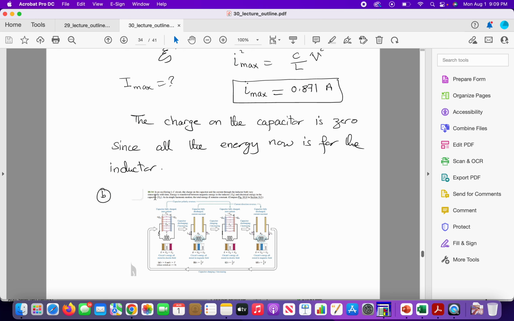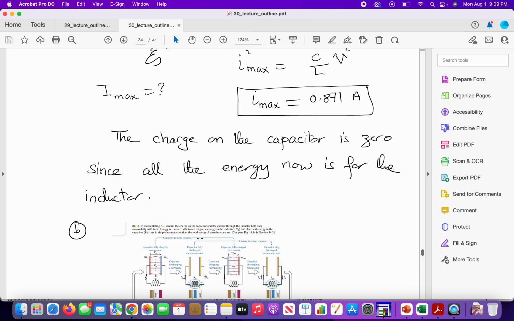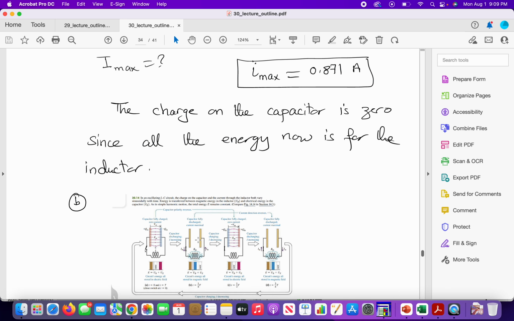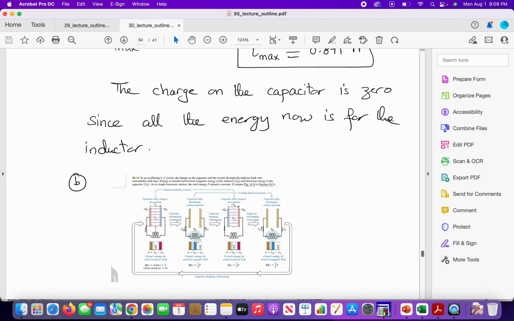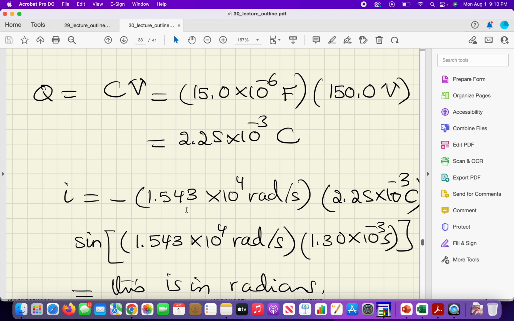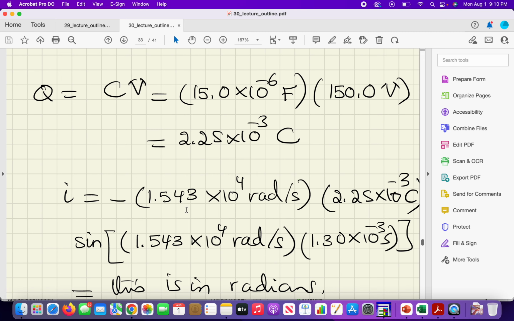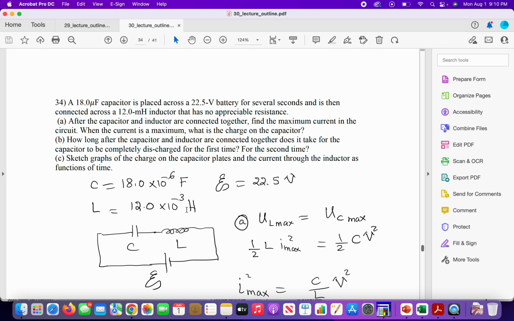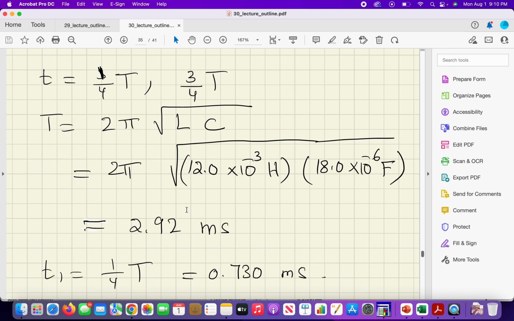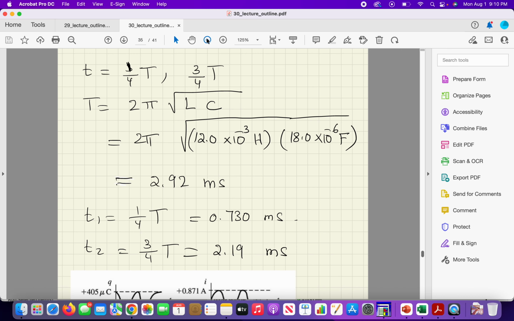Here, just review this from the textbook, where we have these conversions between electrical and magnetic energy. I think I made a mistake in the circuit here. Just one second, let me make this smaller.